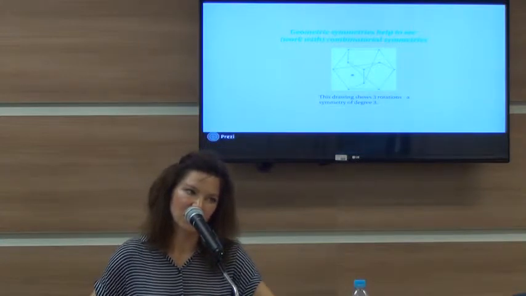I'll show you in a minute. This drawing, for example, has 3 rotations, right? So you can see 3 rotations, but you cannot see those 10 symmetries which you can see in the previous drawing. That's what I mean.